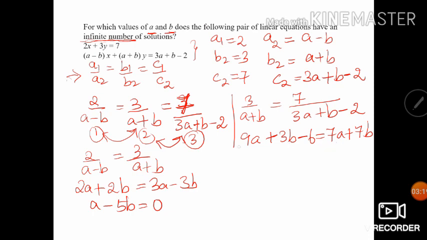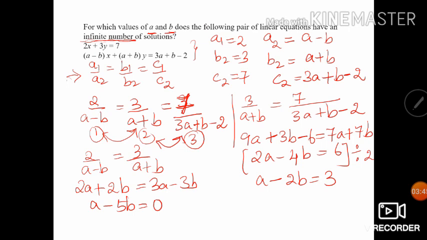Now carrying the variables to the left hand side and constants to the right hand side, we get 2a minus 4b is equal to 6. This equation can be further reduced by dividing by a common factor, that is 2. So we get a minus 2b equal to 3.